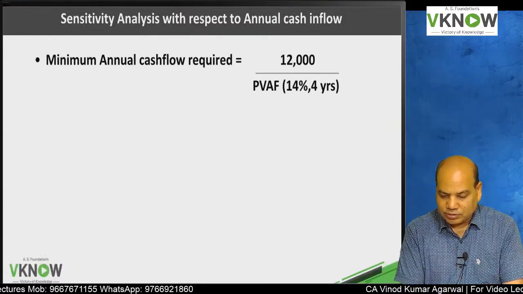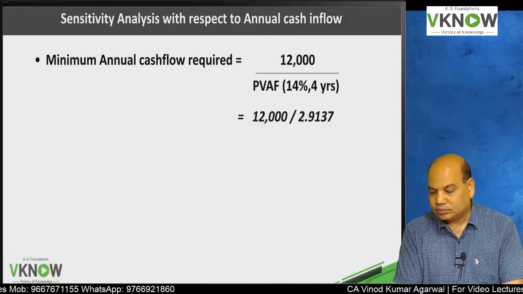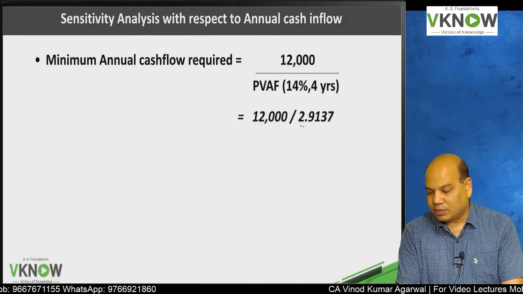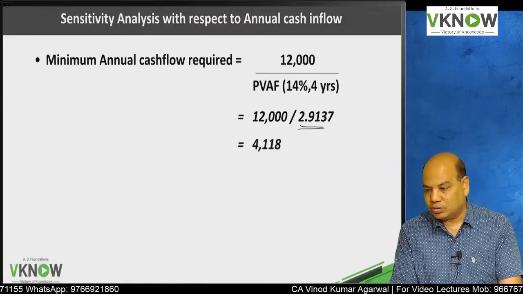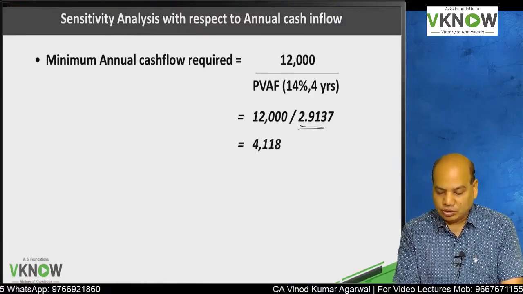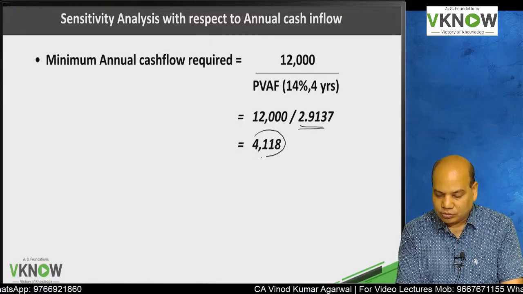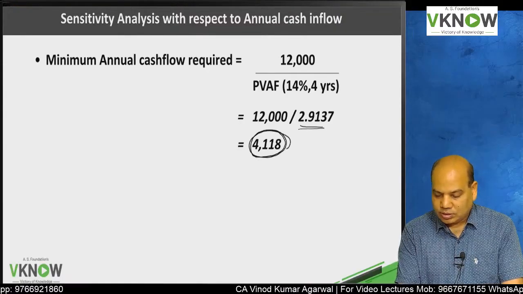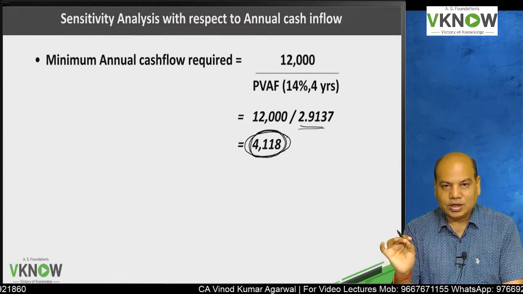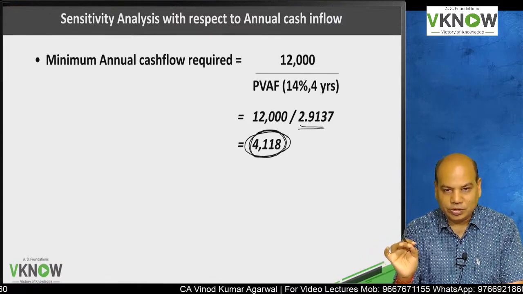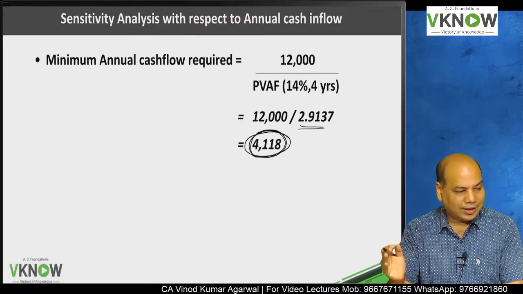So 12,000 divided by 2.9137, the factor given in the problem, gives 4118. Your annual cash inflow should be at least 4118 so that the NPV is 0 or positive, not negative.